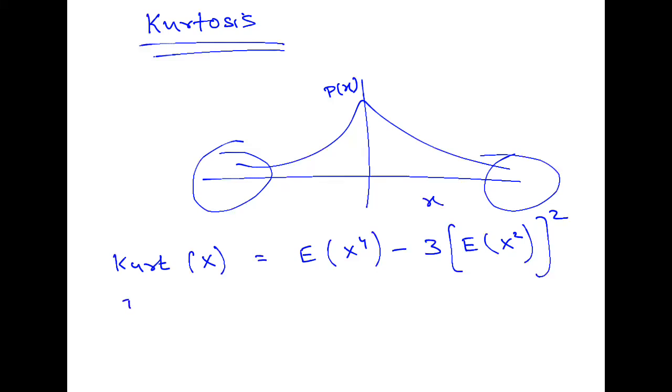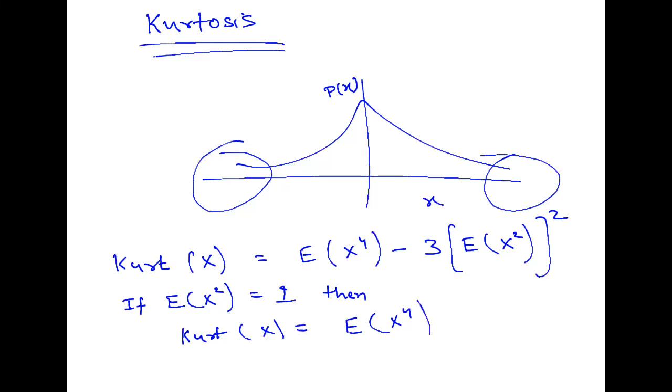So if E of x squared equals 1, we are assuming 0 mean, and if variance is also 1, then kurtosis is E of x to the power 4 minus 3.